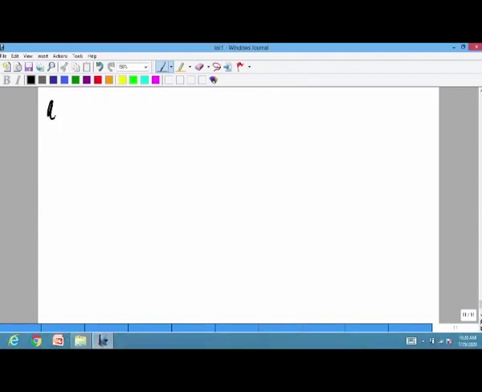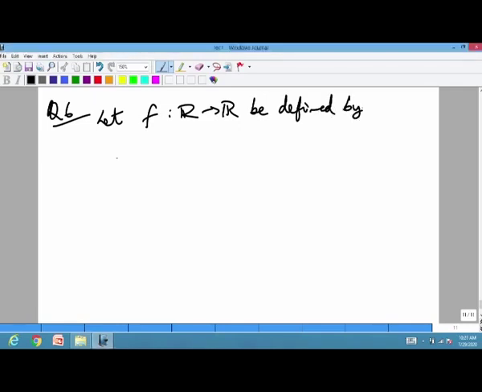So, question number 6. We are given a function, let f from R to R be defined by f of x equal to greatest integer of x if x is less than or equal to 2, and 0 if x is greater than 2.